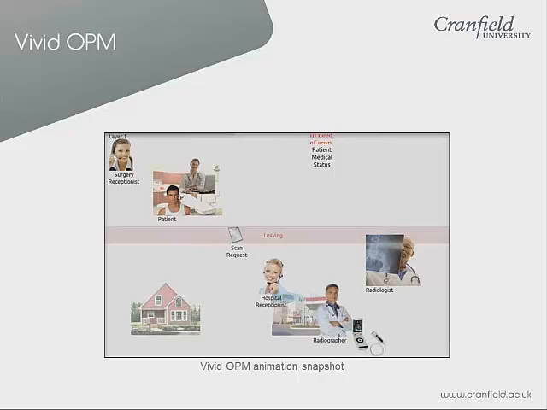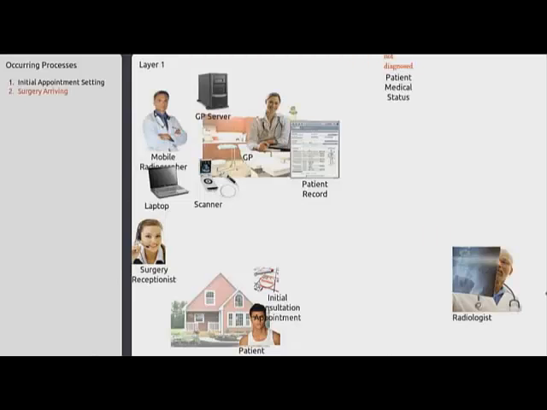So then we looked at how can we further enhance the OPM animation. So this is now looking at Vivid OPM, which is a visualization enhancement to OPM, where we're looking to represent through images the different types of objects, and we're trying to illustrate how processes are influencing the whole system.